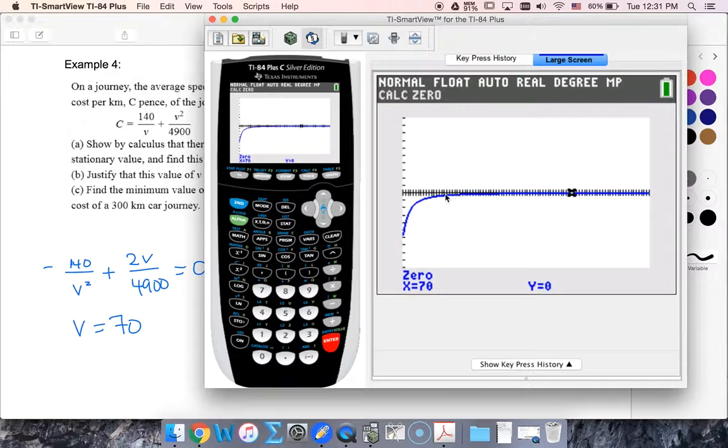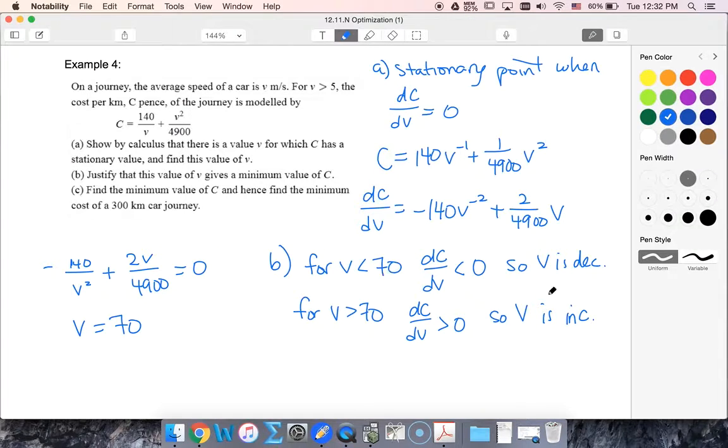They're really small numbers though, so it's hard for me to see with this big scale. But I looked at the table, I saw negative numbers and then positive numbers. So the function has a min at V equals 70. So again, if I go from decreasing to increasing, it means we had a minimum turning point.